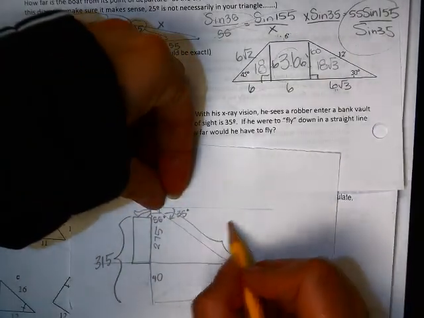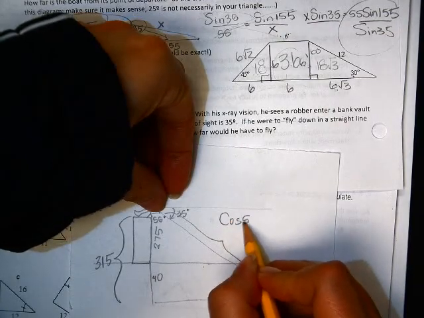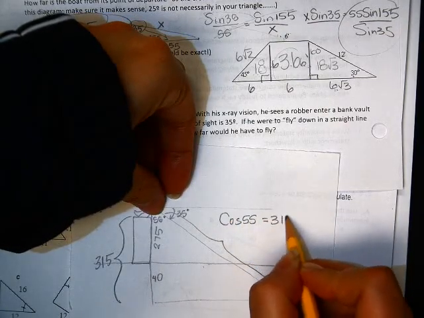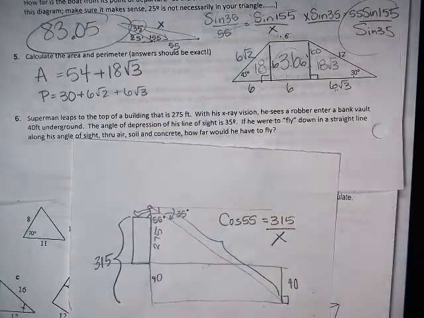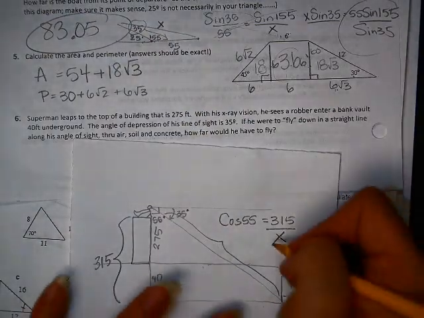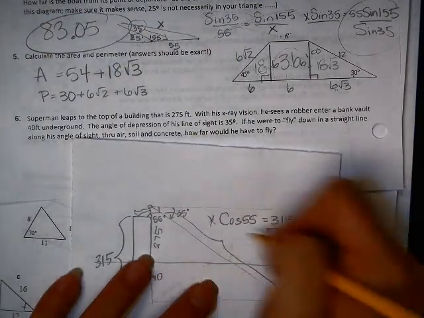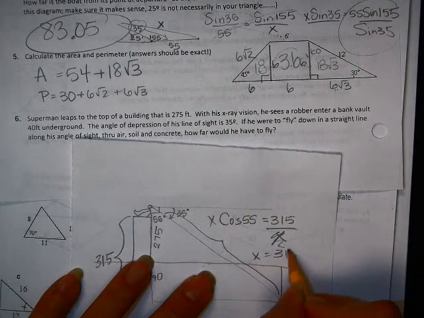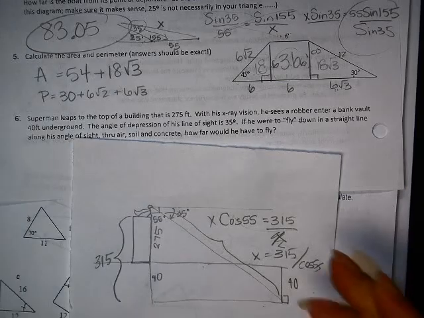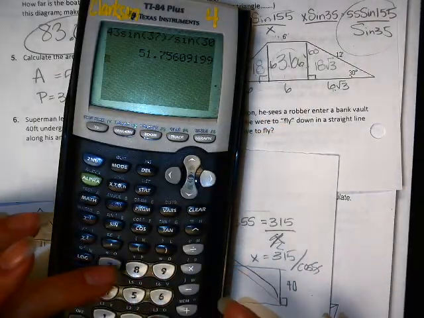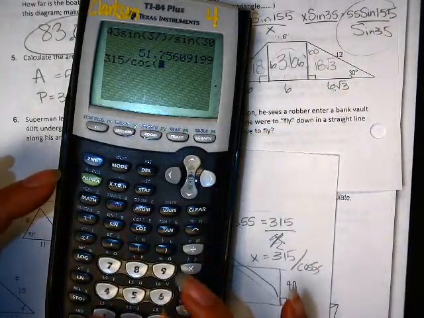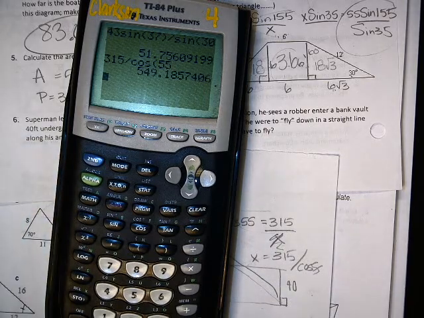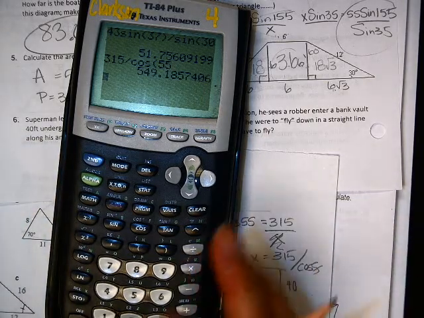Cosine of 55 is equal to 315 over x. I'm going to multiply by x to move that over, and then divide by cosine. So x is equal to 315 divided by cos of 55. 315 divided by cos of 55 is 549.19, and that is your answer.